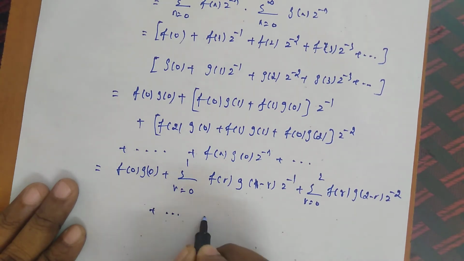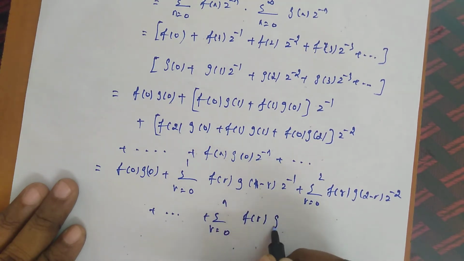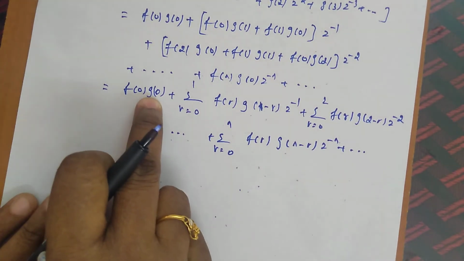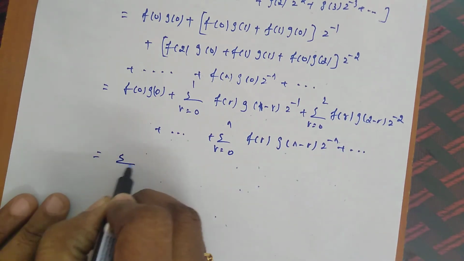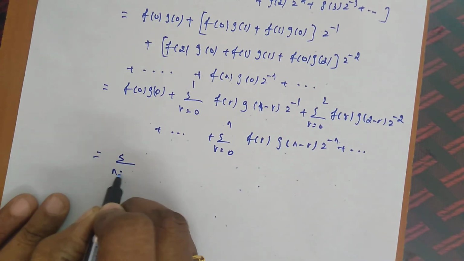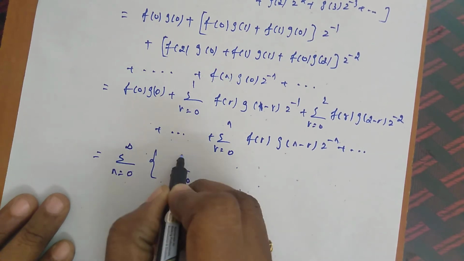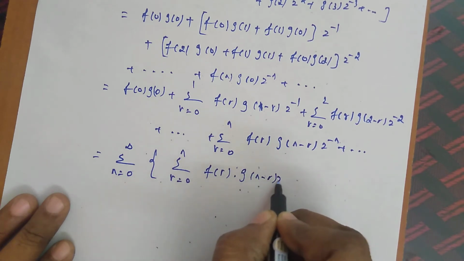Likewise, for the nth case, sigma r equal to 0 to n, f of r into g of n minus r into z power minus n plus etc. So including this f of 0 and g of 0 and the last term of infinity, we can give the general sigma notation, sigma n equal to 0 to infinity, sigma r equal to 0 to n, f of r into g of n minus r into z power minus n.